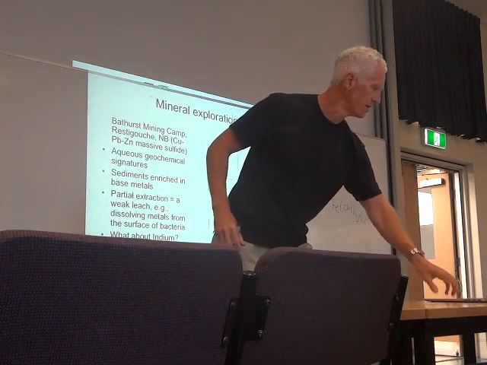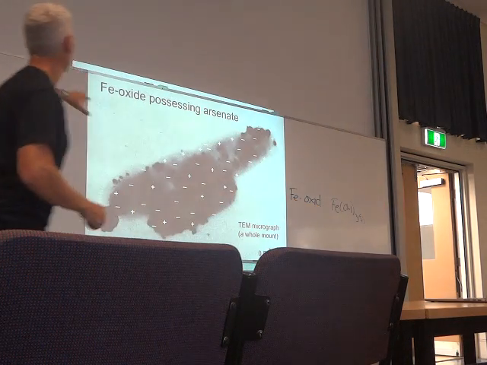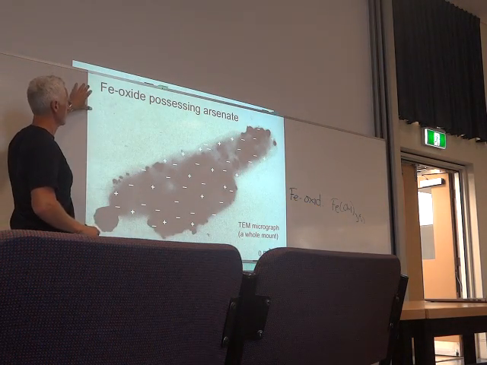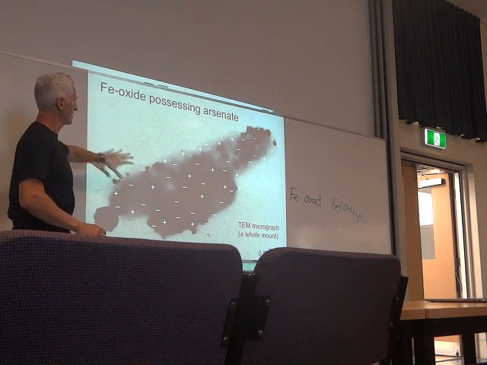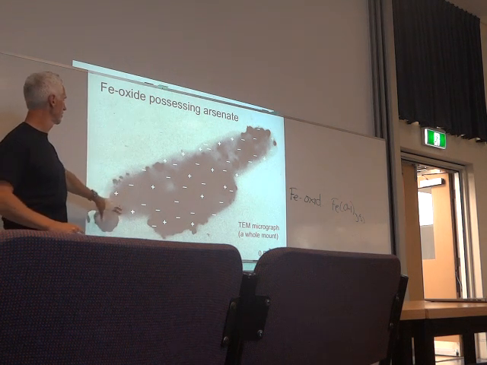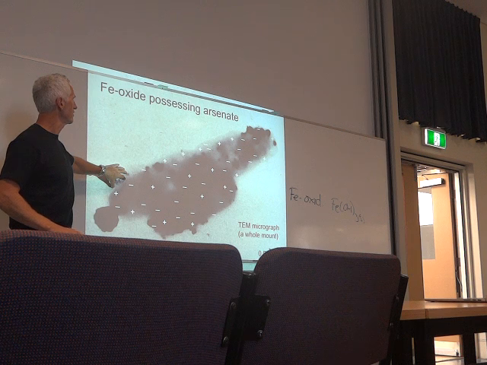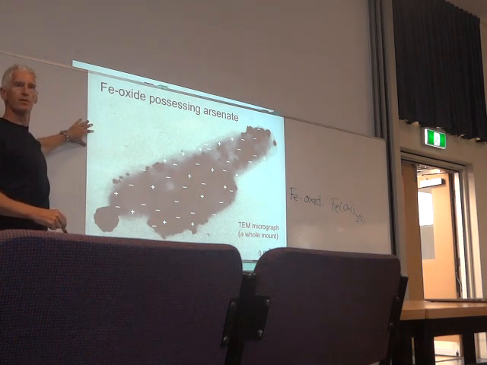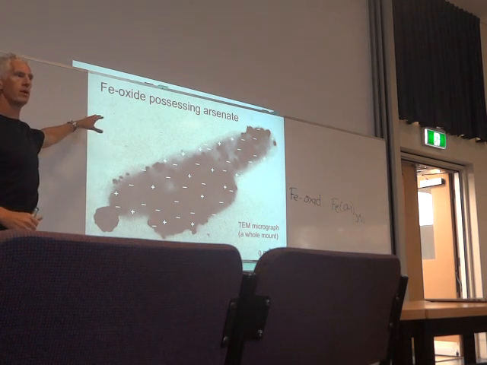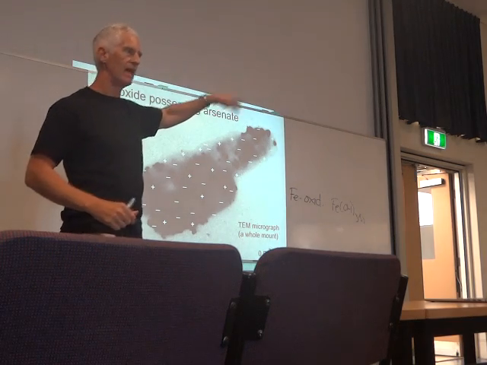So if you look at some of the images we've had, this is an iron oxide persisting arsenic we talked about earlier from the mine site, but this is the same sort of thing, that you're going to form minerals on the bacterial surface. And this was an example of passive mineralization, but you could put in active mineralization.